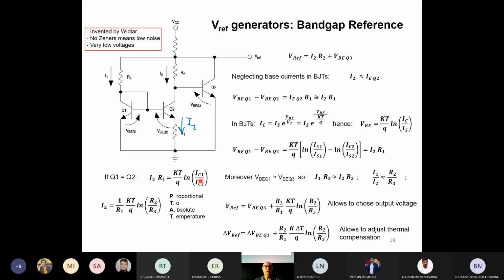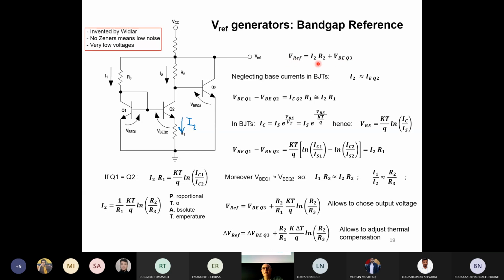Then, from this expression, I just take R1 and bring it down, and I get I2 equal to 1 over R1, KT over Q, the natural logarithm of R2 over R3. That's the answer to calculate, with some approximation, the current I2, which is the collector current of this transistor, but also the current which gives the voltage drop on R2.